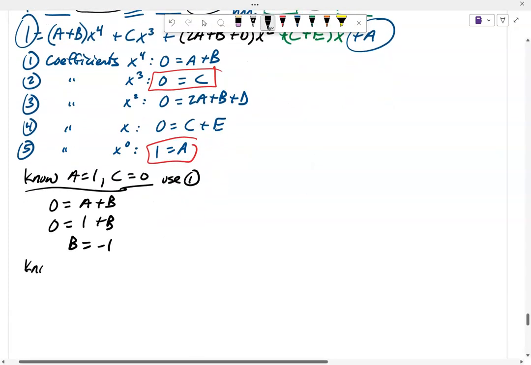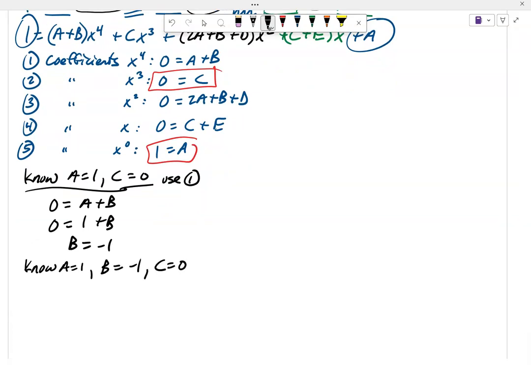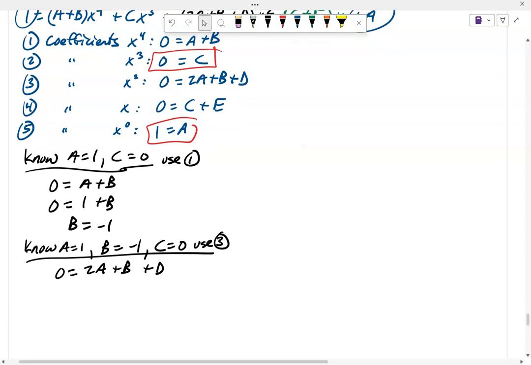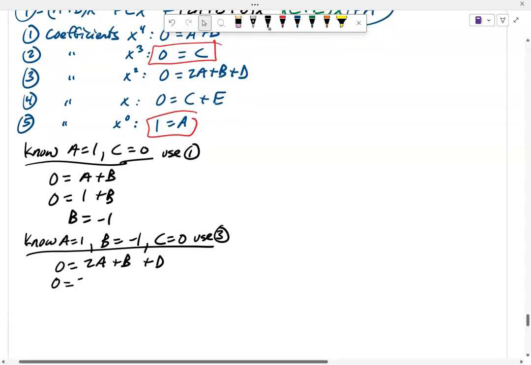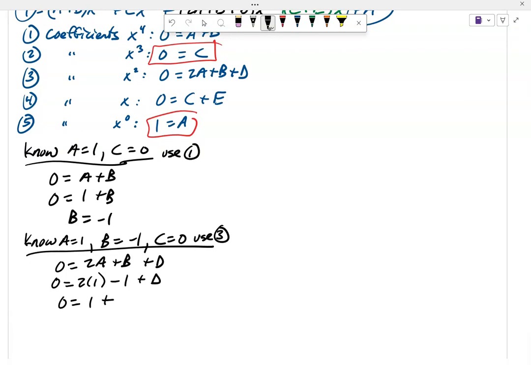And so now a is 1, b is -1, c is 0. Let's go ahead and use 3. So my equation 3, 0 equals 2a plus b plus d. So my d is -1.